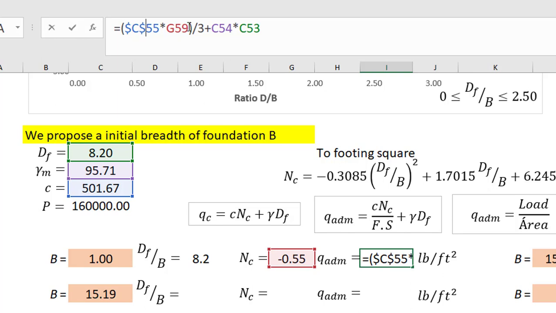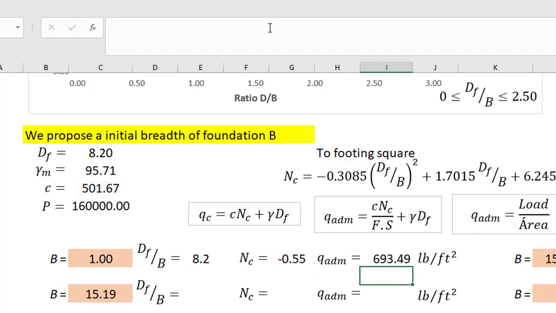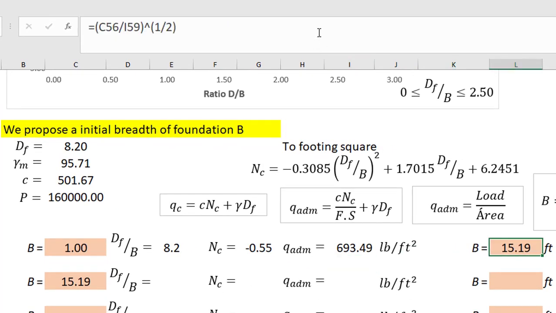Let's fix. Okay, and fix this value because the axial load is constant in calculation.